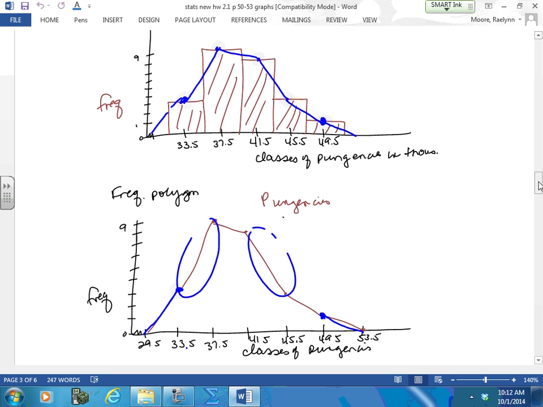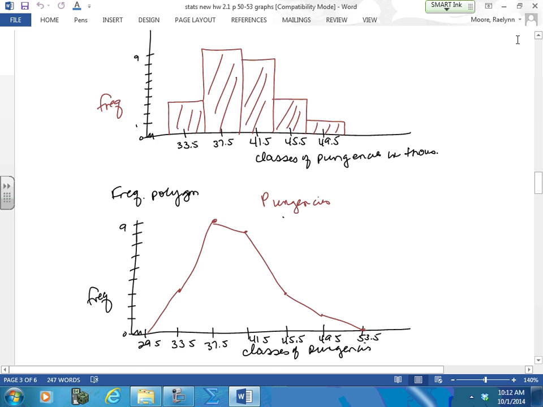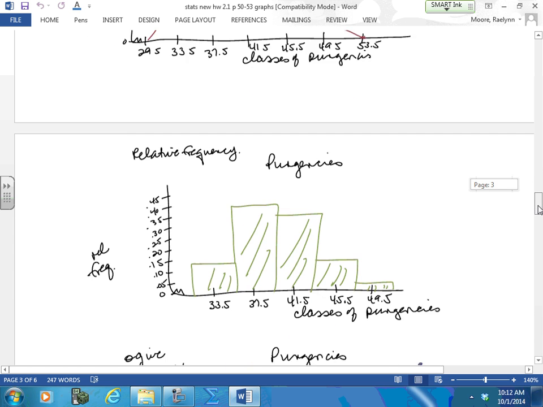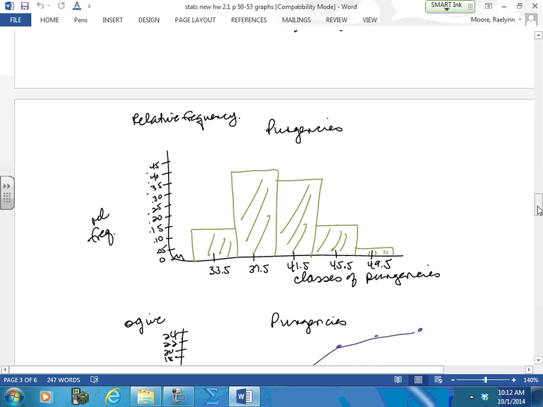So you should be able to see some kind of similarity in here. And your relative frequency is going to look just like your frequency histogram, except your y-axis is in relative frequency. Remember, do that like money. You don't want to make this say 0.5 and then 0.10, because 0.5 is 50 cents versus 10 cents.